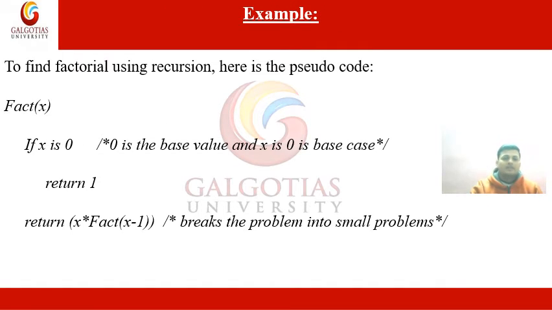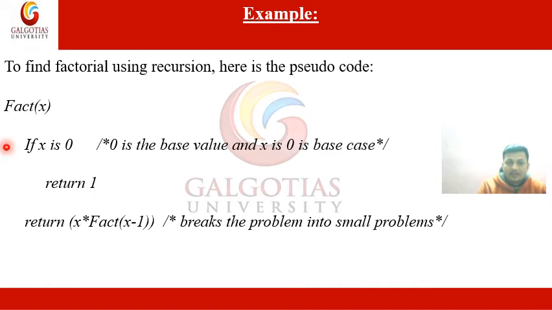We have an example, that is the Fibonacci series. Suppose fact x, or factorial x, finding out the factorial by using recursion. If x is 0, then it will return 1, because the factorial of 0 is always 1. Else it will return x into factorial of x minus 1.